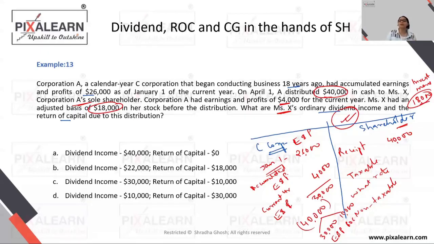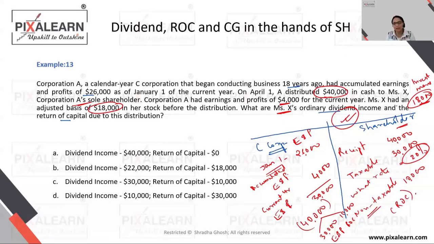So why would I call 10 a return of capital? Because when I do this, I'm going to be paying tax on 30,000. Now, nowhere is it written whether it's a qualified or a non-qualified dividend. Assuming it's a qualified dividend, I would say it is maximum tax at 20%, generally tax at 15%. What is non-taxable? $10,000. Why? Because it is non-taxable return of capital.